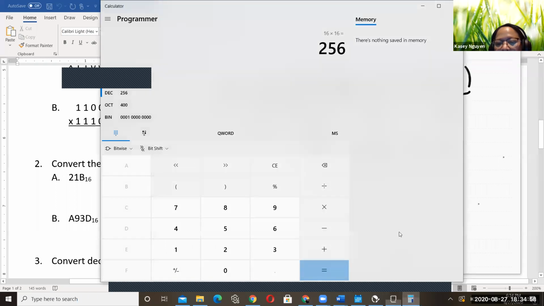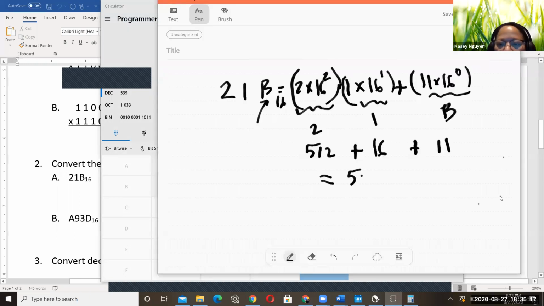So if we take 512, oops, sorry, 512 plus 16 plus 11 is going to give us 539, base 10.